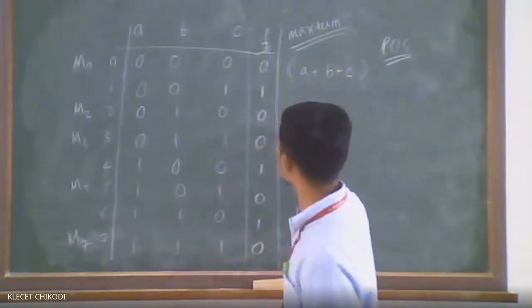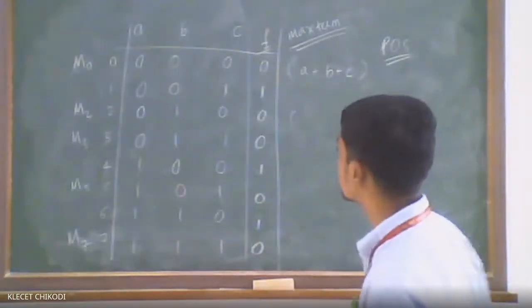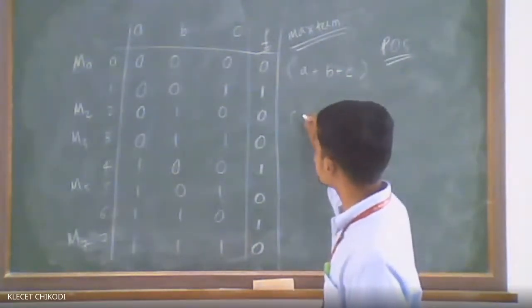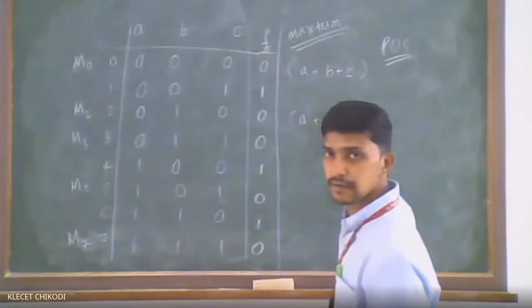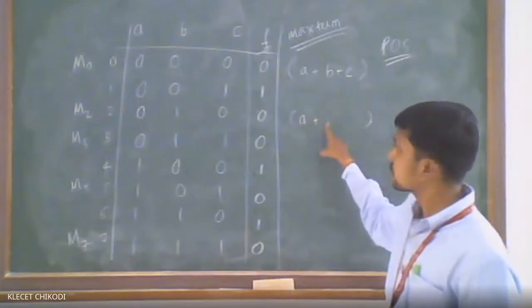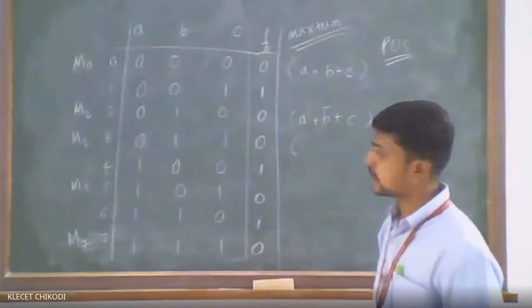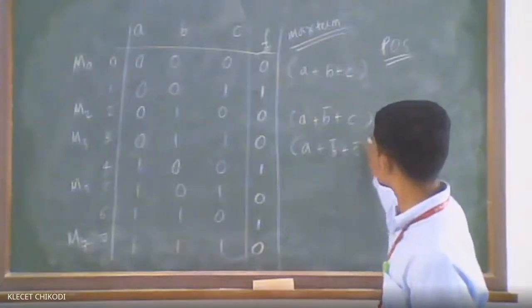Similarly, for this max term, that is M2, what will we get? A plus B bar plus C. Similarly for the third one, M3, A plus B bar plus C bar.